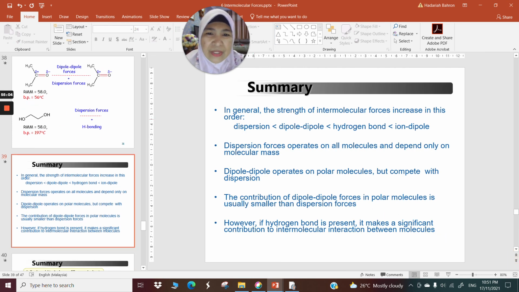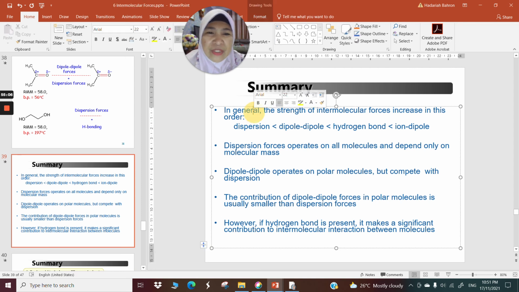So in summary, in general, the strength of intermolecular forces increase in this order. Dispersion is the weakest. Dipole-dipole is stronger than dispersion, but hydrogen bonding is stronger than dipole-dipole, and the strongest one is ion-dipole. Dispersion forces operate in all molecules and depend only on molecular mass.